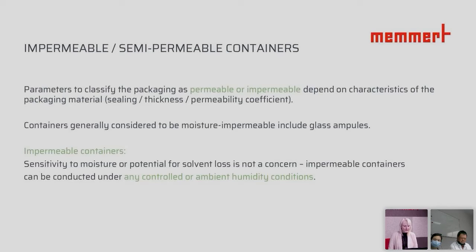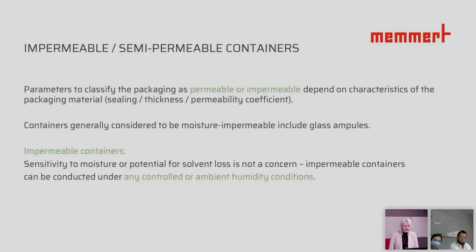If we go further and have a look at semi-permeable packaging, this allows some materials to pass through, but not other materials. So there could be aqueous-based products packed in these semi-permeable containers, which should, in addition to physical, chemical, biological, and microbiological stability, be evaluated for potential water loss, also for the safety of the product.